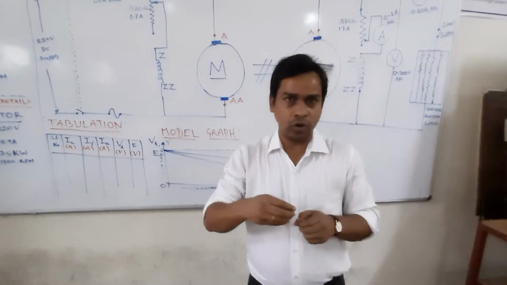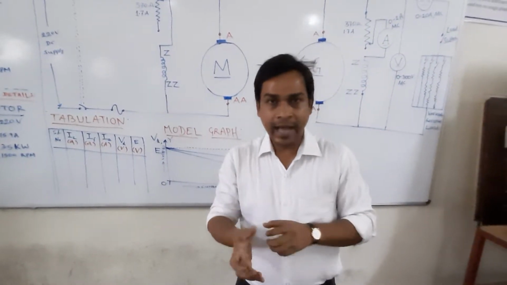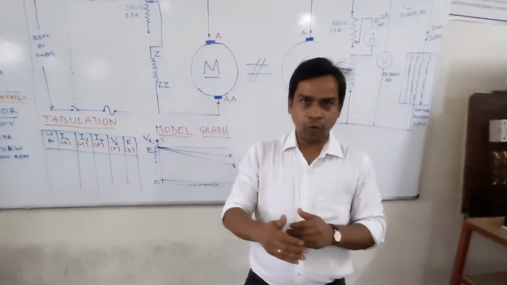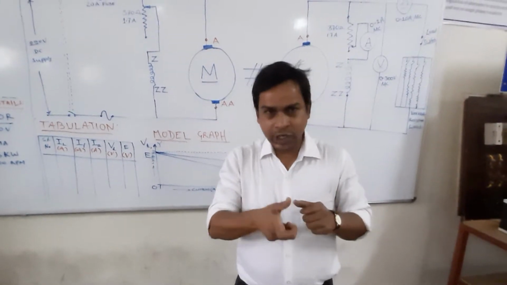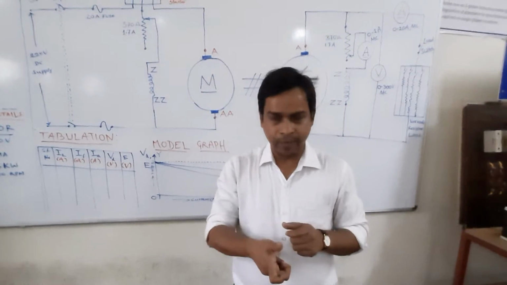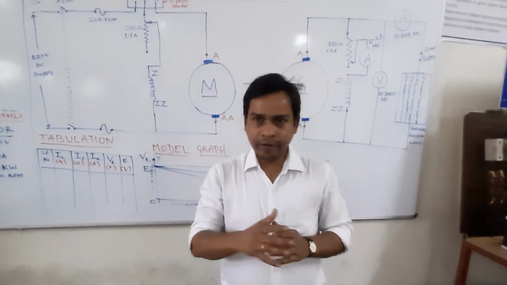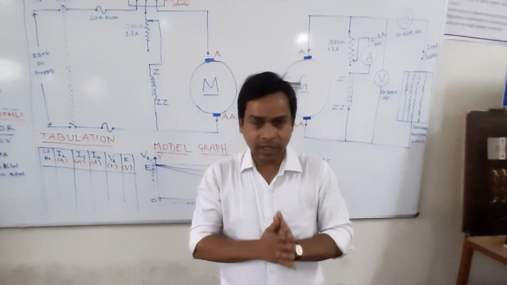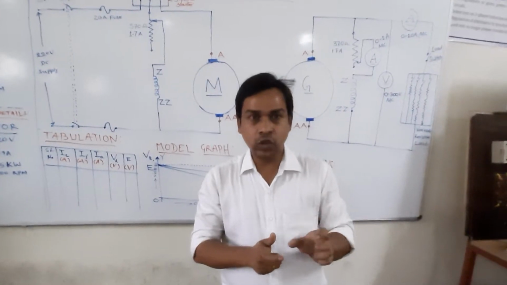I will keep on applying load, and I will see how the voltage at the terminal of the generator varies. Ideally it is expected that it does not matter how many loads have been connected to the generator, the magnitude of the voltage at the terminal should remain the same. In other words, it does not matter how many loads I have connected across the DC shunt generator, the voltage generated should not change.